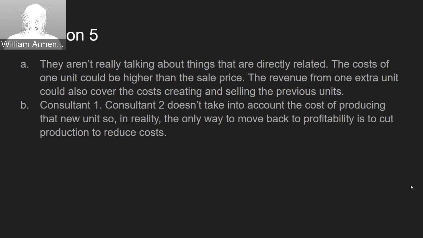But consultant 2, so part B, consultant 2 doesn't take into account the cost of producing that new unit. So there's really only one way to move back to profitability, which is to cut the production of the units to reduce costs.